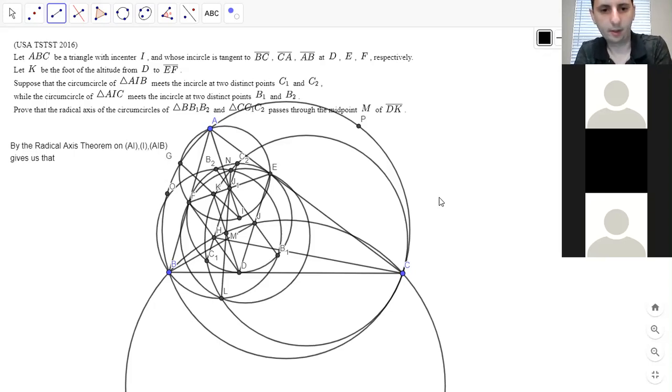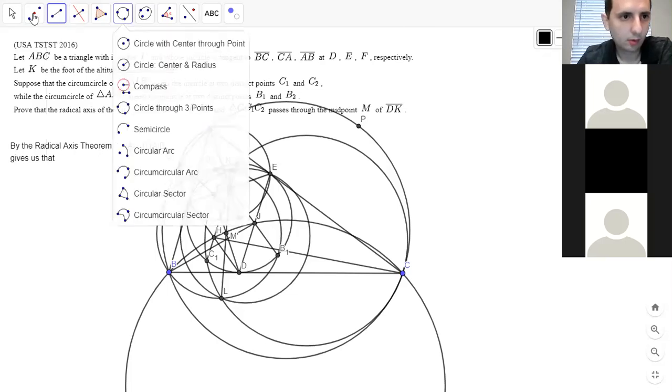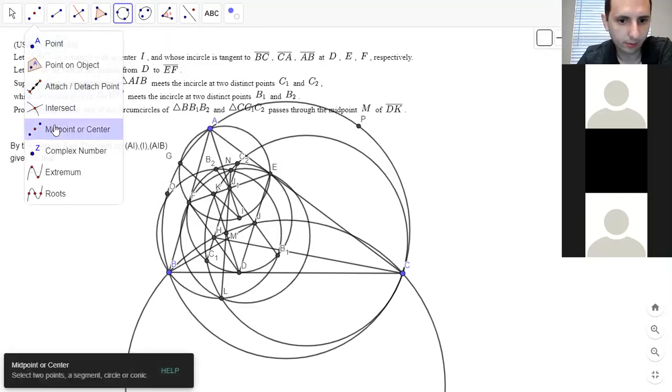All right, let's spend 10 more minutes on this and then we can move on to the next problem. But I like that idea that BHJC is cyclic. Let me draw the center of that circle. I'm just curious here.